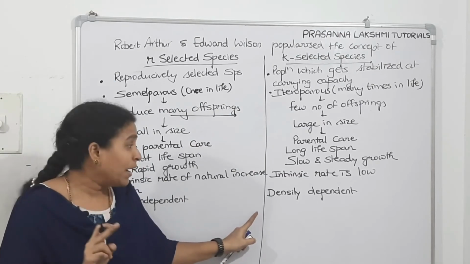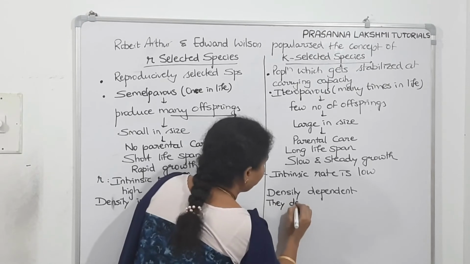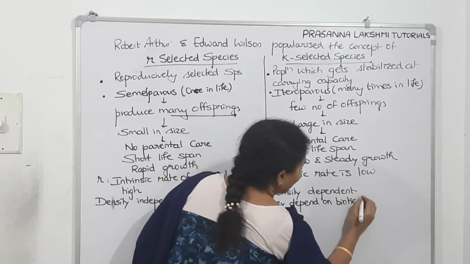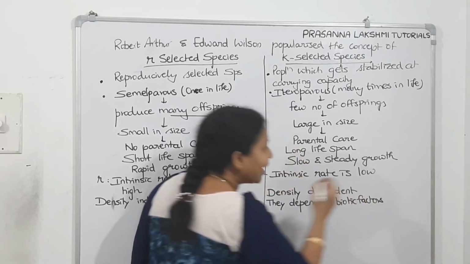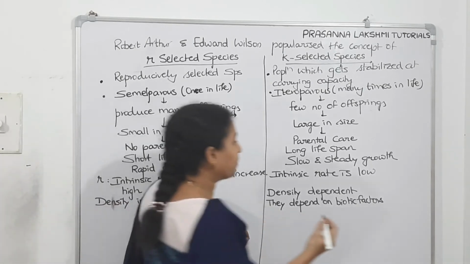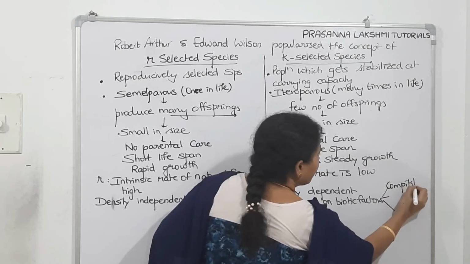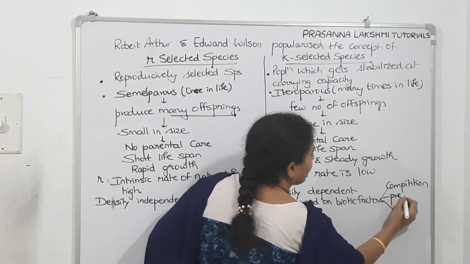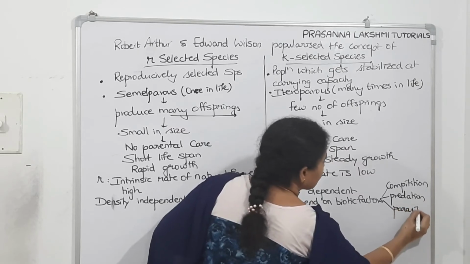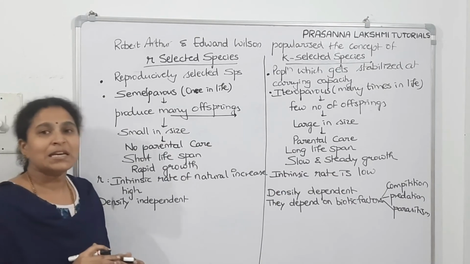It means they depend upon biotic factors. What are the biotic factors they are depending on? Competition, predation or parasitism. So, K selected species are density dependent species.